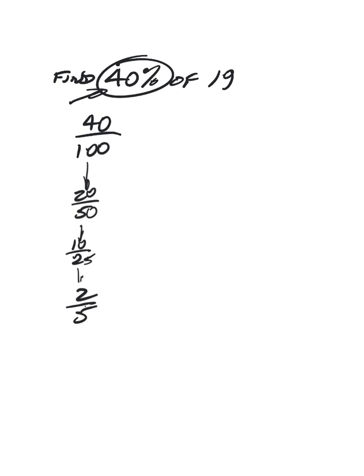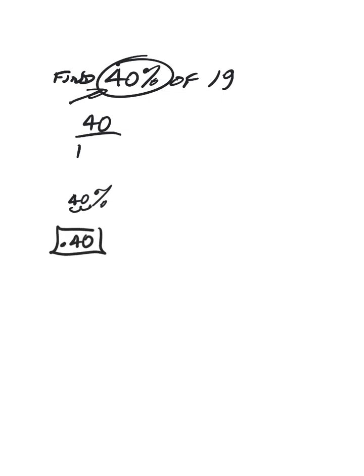If I want to change it to a decimal, 40%, remember, the decimal's there. To take the percent sign off, I move this over 2, and I have 0.40. Now I can find 40% of 19.